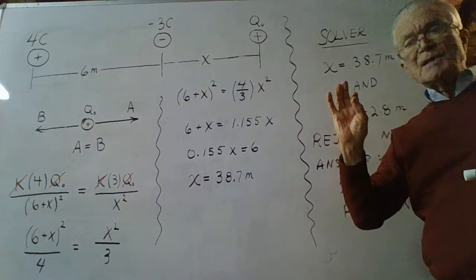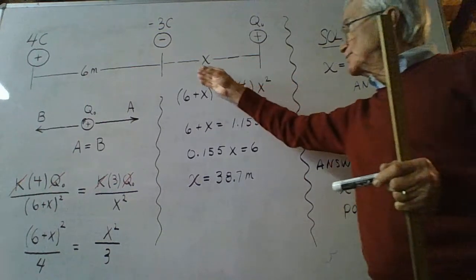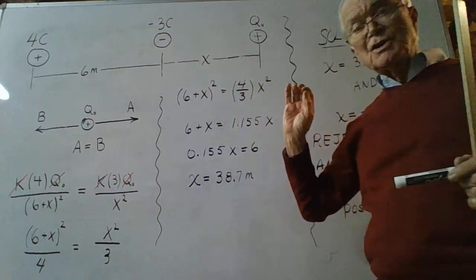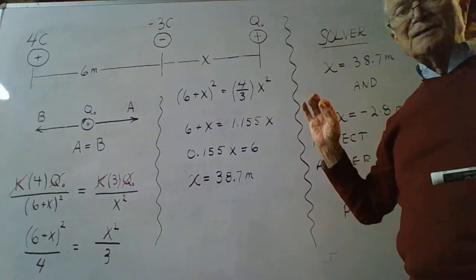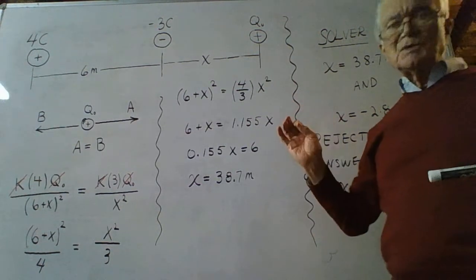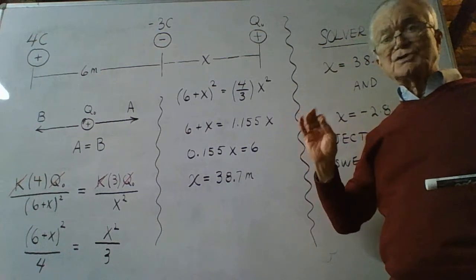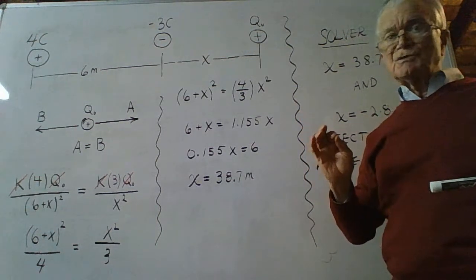In other words, how far, call it x, from the 3 coulomb negative charge may we place any positive charge such that it doesn't accelerate? In other words, such that the net force, total force on it, is 0.